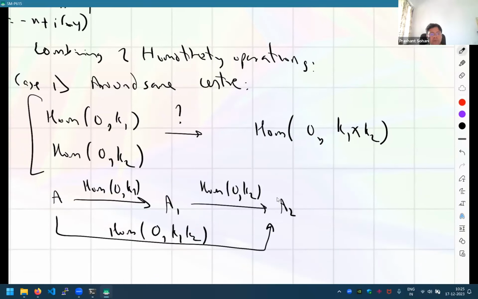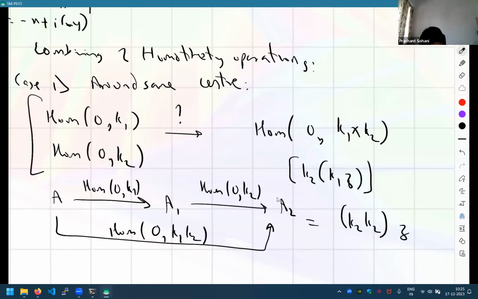And you see how in terms of complex numbers, this is obvious because we know multiplication in complex numbers is associative. So you see that K1 times z into K2 is the same as K2 K1 times z. So exactly this algebraic fact is being denoted through the geometry of homothety. It is nothing different. Oh, sorry, K2 K1.